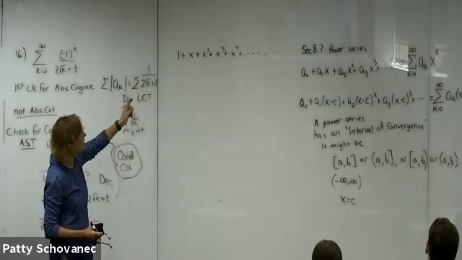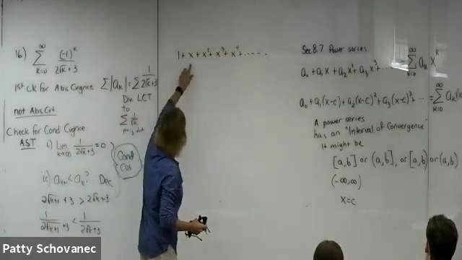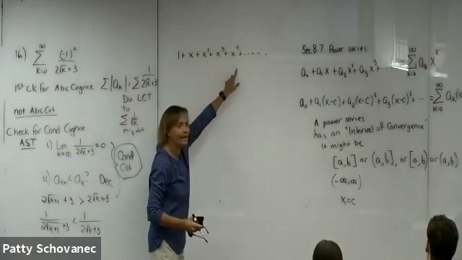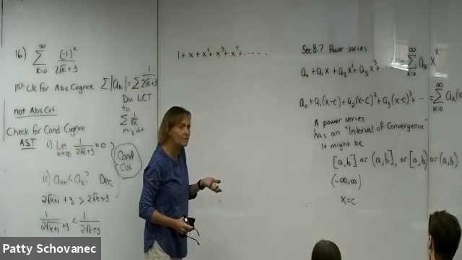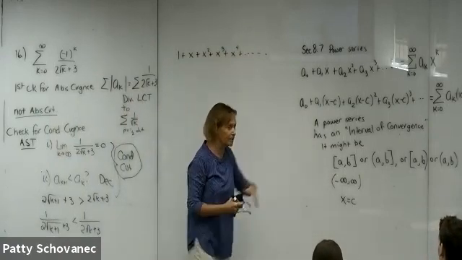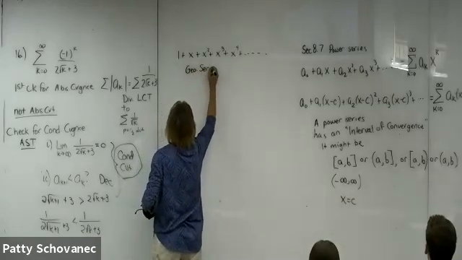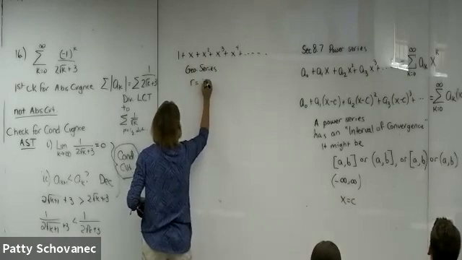But do you recognize this particular pattern? I get from one term to the next just by multiplying by x. What kind of series do we have where you get from one term to the other by multiplying? This is a geometric series, in which r is equal to x.